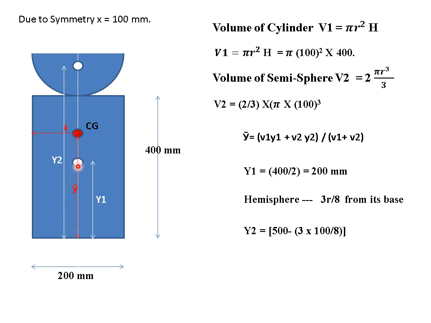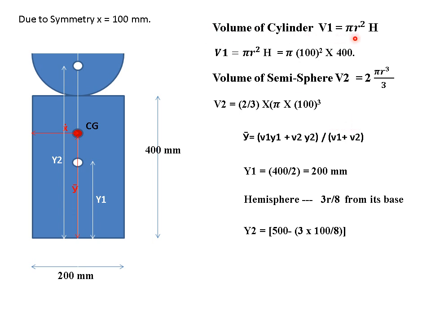Therefore x bar need not to calculate, it will be common. It will be half of the diameter, that is 100 mm. That I have written, due to symmetry, x bar is 100 mm. But still you can put it in the equation and you can find out. I have written equation for y bar, v1 y1 plus v2 y2 divided by v1 plus v2. Similarly, you can write for x bar, v1 x1 plus v2 x2 divided by v1 plus v2.